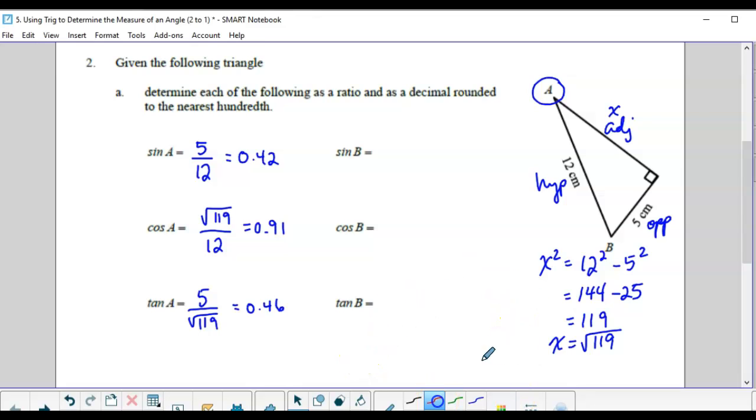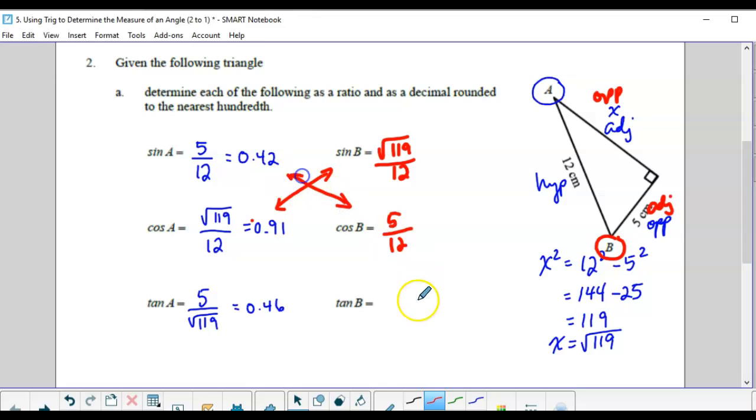Next, I'm going to switch to red, so our angle B. So now 5 is adjacent and x is opposite. Hypotenuse stays the same. So for finding sine of B, that's opposite over hypotenuse. So that's root 119 over 12, the same as cosine of A. Cosine of B is adjacent over hypotenuse, so those are the same, and tan is opposite over adjacent.